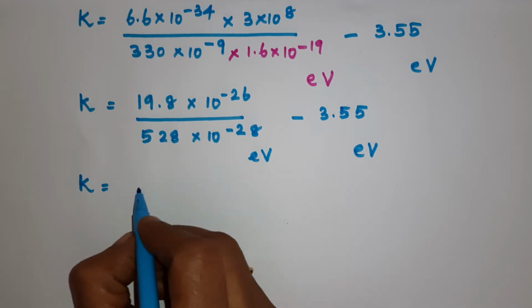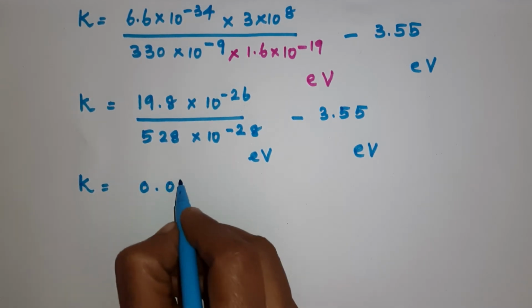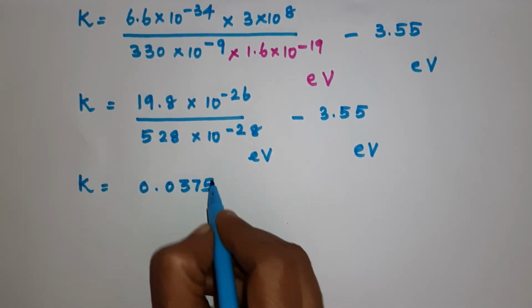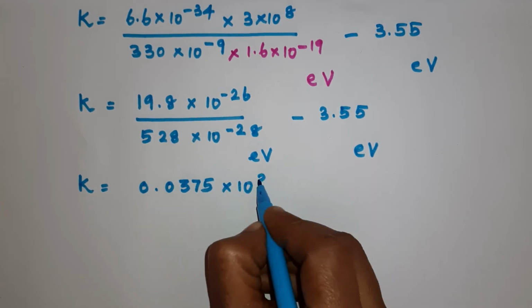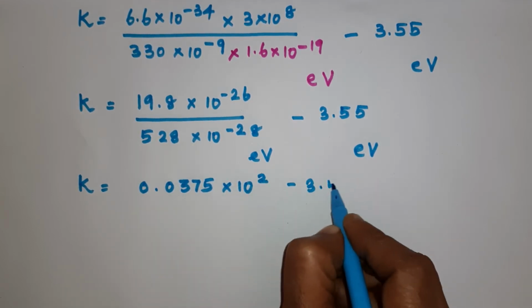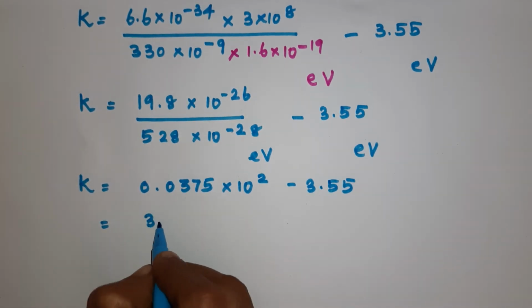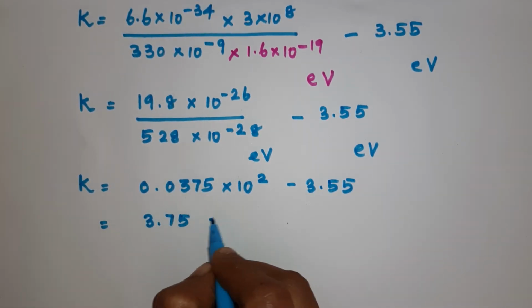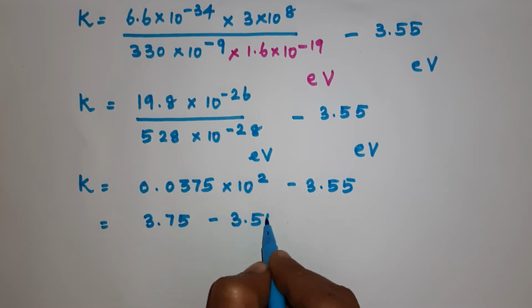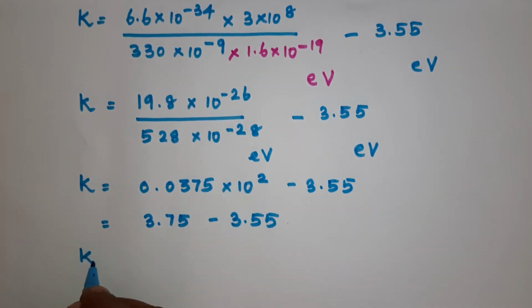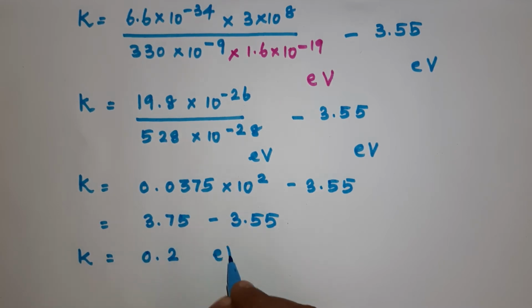So this will be 0.0375 into 10 squared minus 3.55. This is equal to 3.75 minus 3.55, and hence the kinetic energy K is equal to 0.2 electron volt.